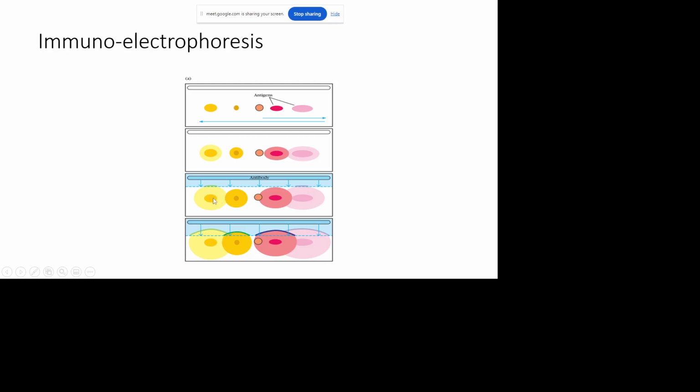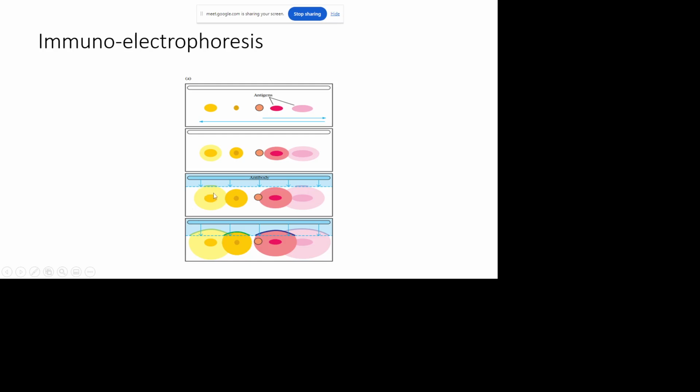There will be a point denoted by this blue dotted line where the antigen is migrating, and the antibody is also migrating in the opposite direction. So when they meet at the point where the antigen and antibody concentration will be equal, right? For example, this yellow protein will start migrating towards the antibody, and the antibody will start migrating towards the antigen, right?